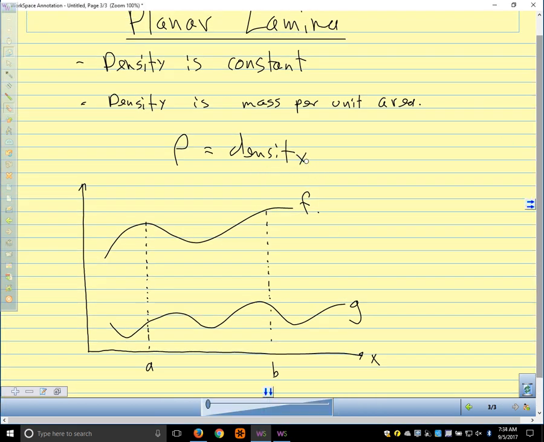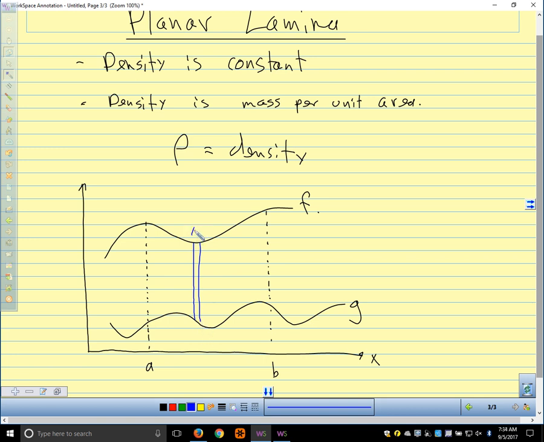The other assumption that we're making is we can consider the mass of a rectangle to be concentrated at the center. So what we're going to do is divide this planar lamina into little strips, very similar to what we did with our work integrals.